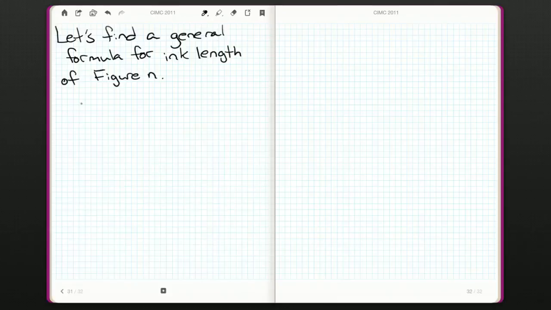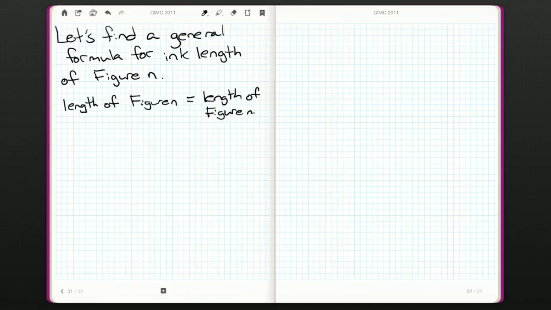But we do know, by our previous observation, the observation we made on the last page, the length of figure n is equal to the length of figure n minus 1 plus 3n plus 2. Okay, so now we know what the length of figure n is in terms of the length of figure n minus 1.